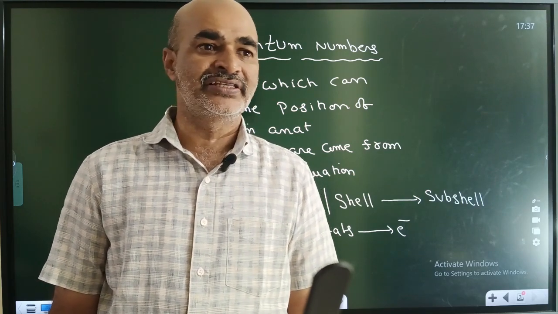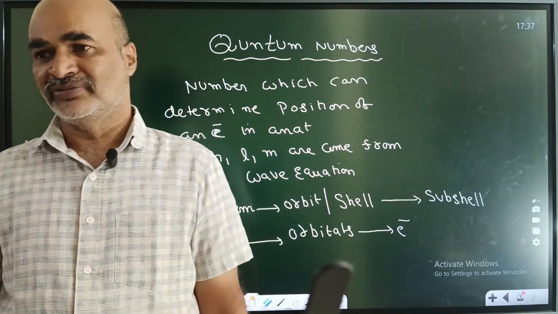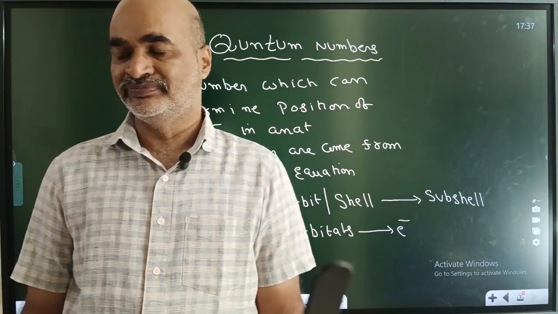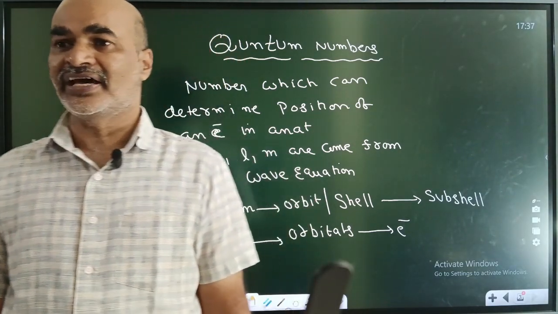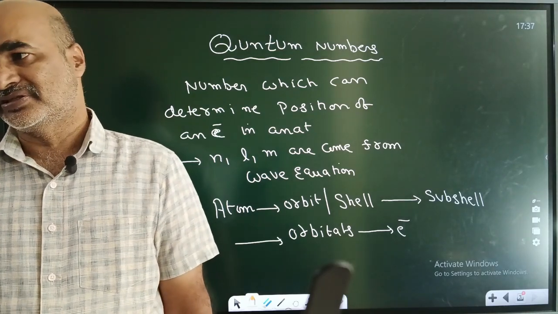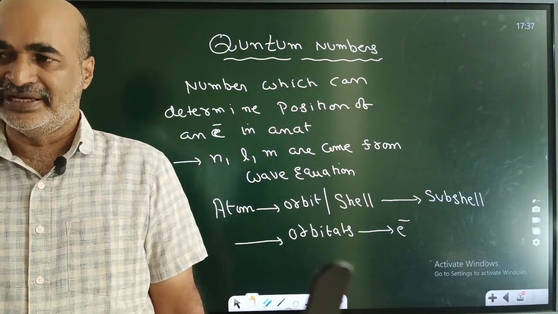So an orbital is characterized by three quantum numbers only, n, l, m. An electron is characterized by four quantum numbers, n, l, m and s.